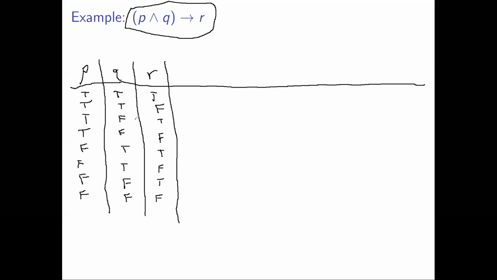And I encourage you, if you want to do this problem for practice, it's a good time to pause here and fill out the table yourself before seeing the rest of the table.